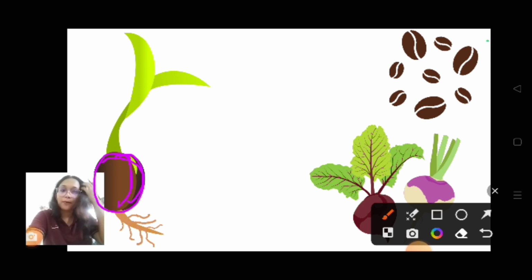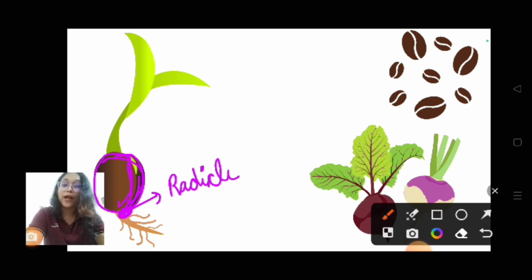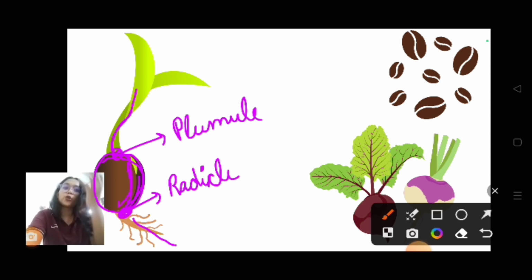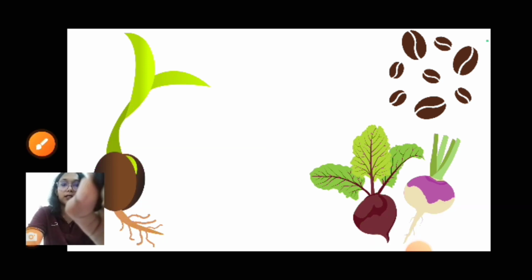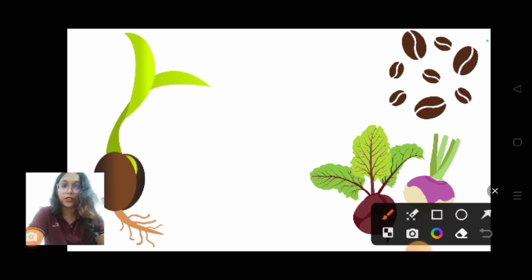You can separate them into two parts, two compartments, like in gram. In this type of seed, what happens when they start germinating? This part will be called the radicle, from where the roots arise, and this part will be called the plumule, from which the shoot arises. From the radicle the root will come up, like this, in the figure which I have shown.